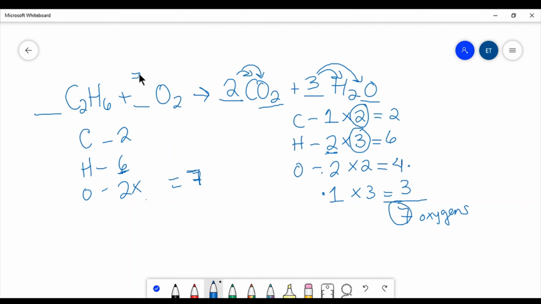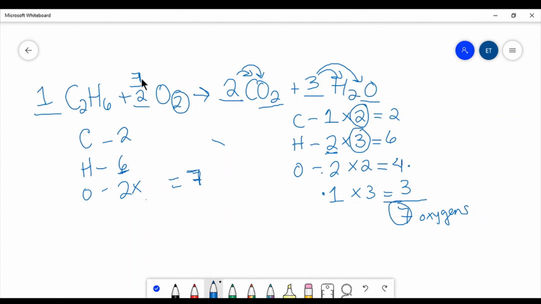So it'll be your numerator, okay? So the 7 is going to go on top, and then you're going to use this subscript as a denominator. Okay? So now you're going to have 7 over 2, and this is a 0.